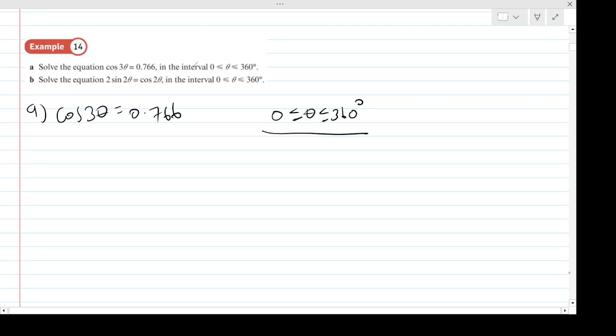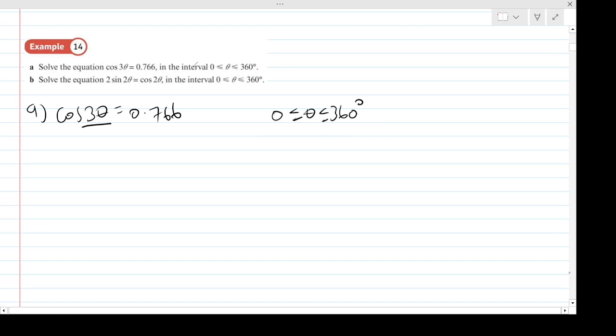I'd make a note of it like I've done here. So what I'm going to do is match our interval for theta to what we've got. We don't have theta, we have 3 theta. So we need to reflect our interval to make it 3 theta, not just theta.